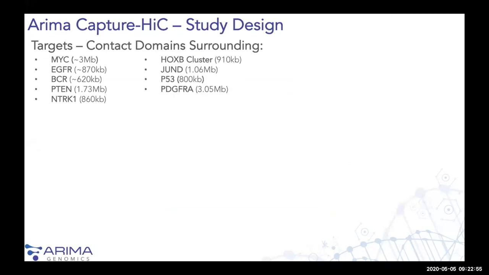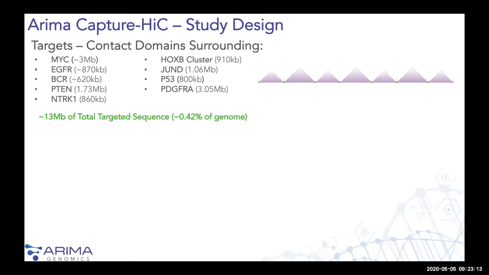We also have a lot of really exciting internal data. In one experiment, we captured the regions around several select oncogenes or tumor suppressors, like MYC, EGFR, BCR, PTEN, and NTRK. For BCR, for example, we captured 620 kb: if the BCR gene is here, we designed probes to capture the 620 kb around it and obtain high resolution Hi-C data just around BCR.